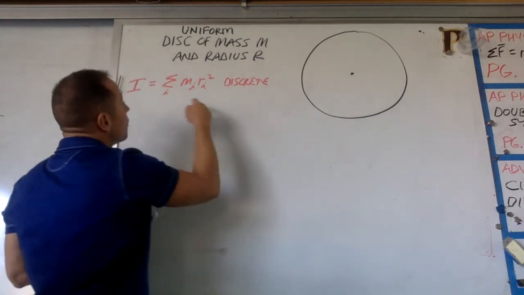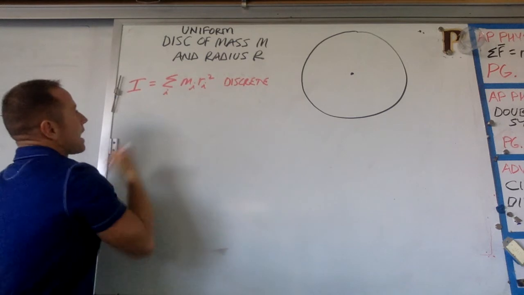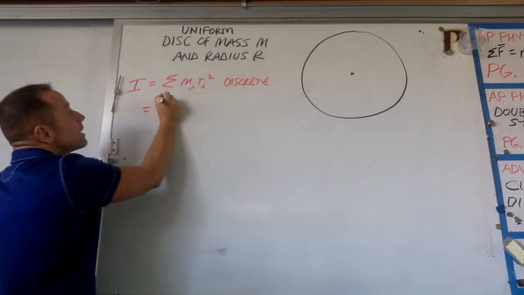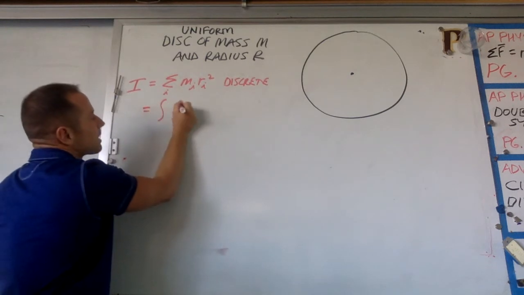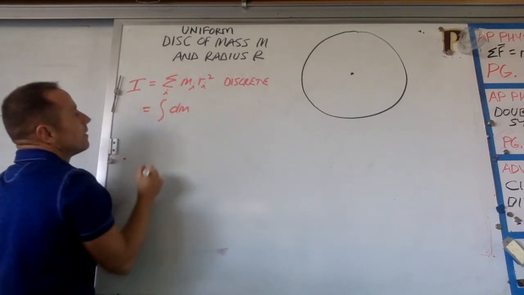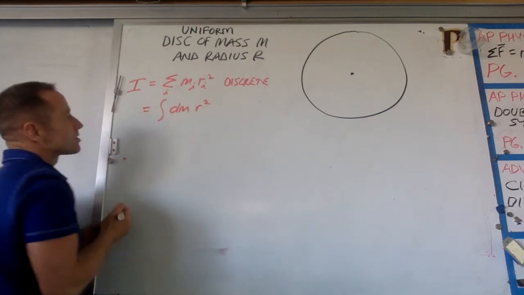So what we need to do, instead of summing up a finite number of discrete masses, is an infinite sum of little chunks of mass that we're going to call dm, times their distance away from the center squared.